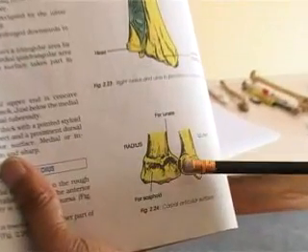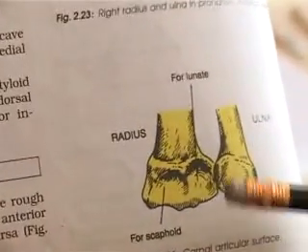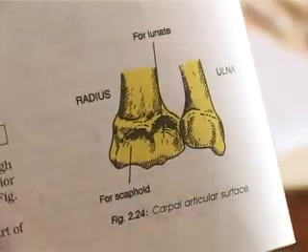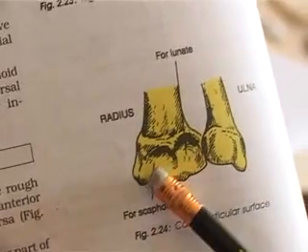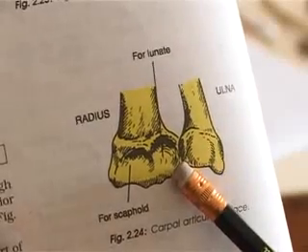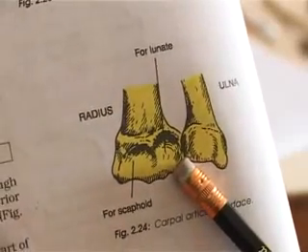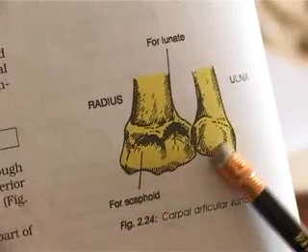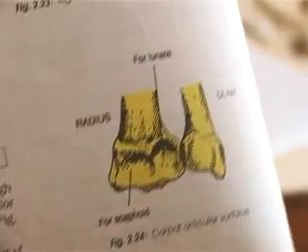The lower end of radius articulates with the proximal row of carpal bones. The scaphoid is lateral and the lunate is medial, and ulna articulates with the triquetral bone.